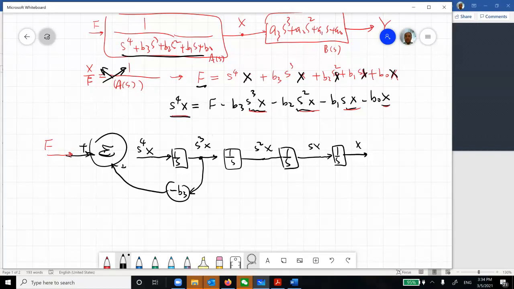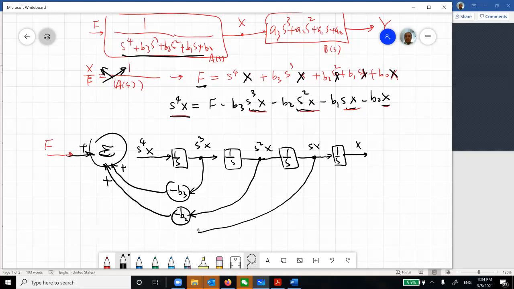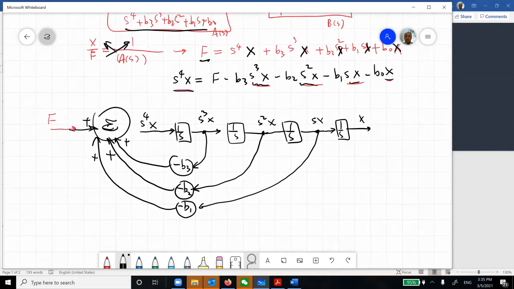Then add this one, okay? So I use all the minus here, I convention. Then I'm going to do another one here. So it's a b1 minus. So this is positive. Because I always use positive, I don't want to mess up things. So then I have another one is minus b0.